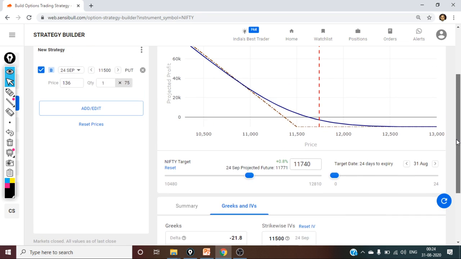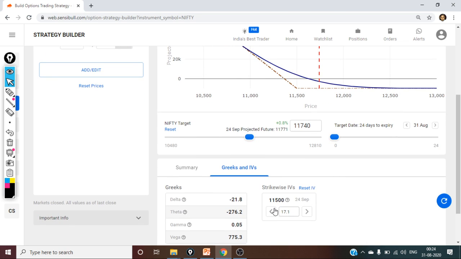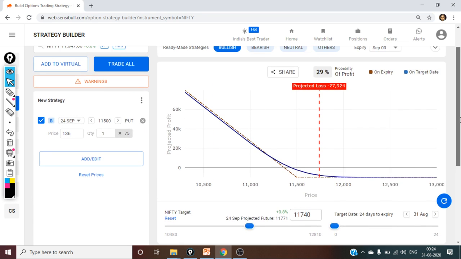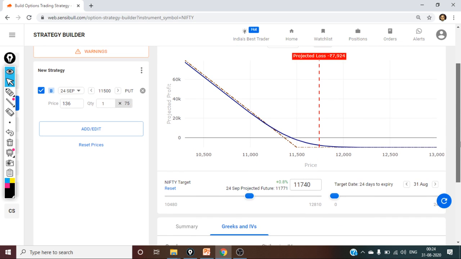Now on the opposite side, if the IV collapses from 17, let's say you buy a put option and then IV falls to 10, you can see you lost nearly all your premium, even though the stock does not move anywhere and time does not pass.